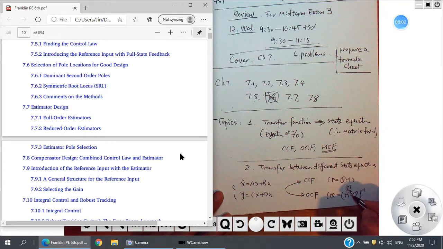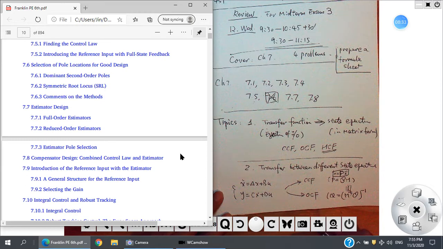You check the notes; I have that in the notes. So given any kind of system in state form, matrix form, you can transfer it to a CCF or an OCF by a linear transform. We call this a similarity transform, X equal to P times X bar.